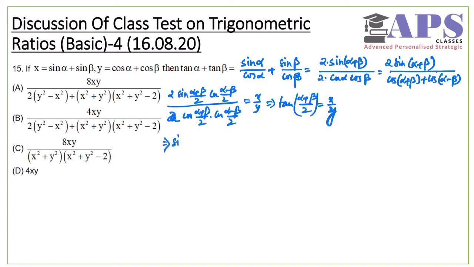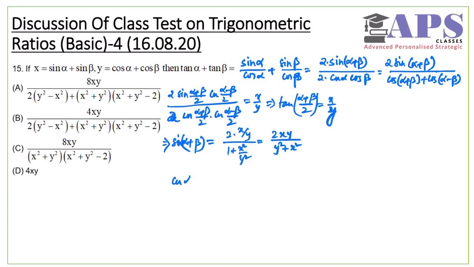So this will imply sin of alpha plus beta is equal to 2 into x by y divided by 1 minus x square by y square, that is 2xy by y square minus x square. Hmm, that is y square plus x square, that is our sin alpha plus beta.